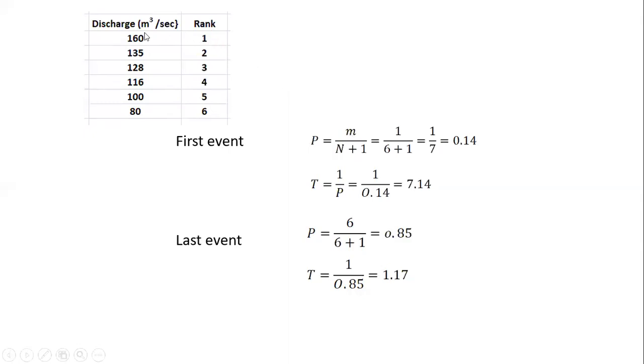M is the order number. What is the order number here? For 160 it is first, so that is 1 upon n, the total number of observations, which is 6, so 6 plus 1 is 7. So that is 1 by 7, that is 0.14, the chance of occurrence of that particular event.